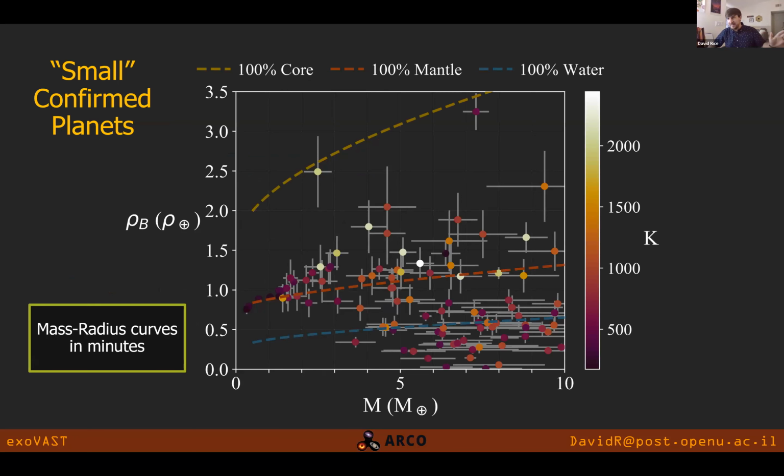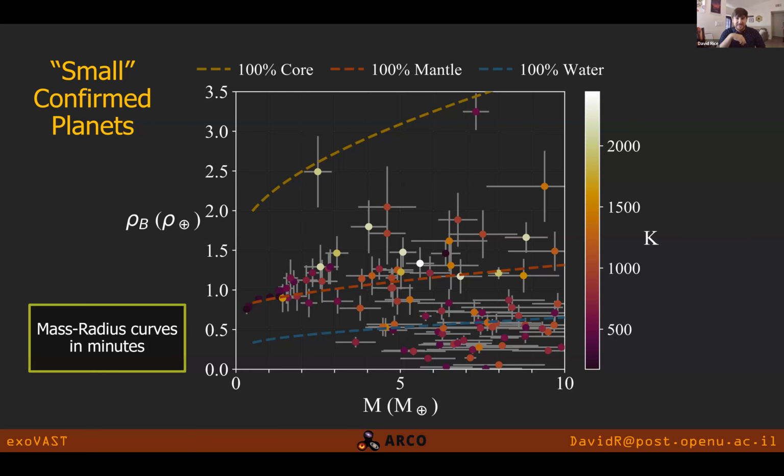All right, I've got like 8 graphs to show you for the rest of the time, of just cool things you can make with MAGRATHEA. This is all of the small confirmed planets with under 10 Earth masses, with some cutoff for the temperature and some cutoff for the uncertainties, that have both masses and radii measured. And we've plotted curves of isocomposition on this bulk density plot with mass on the bottom.